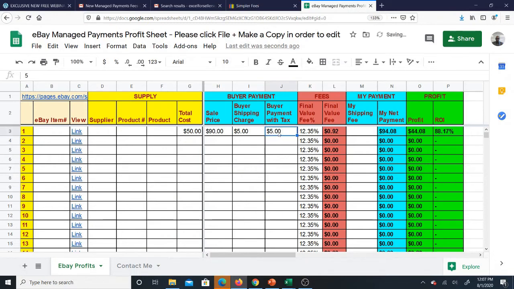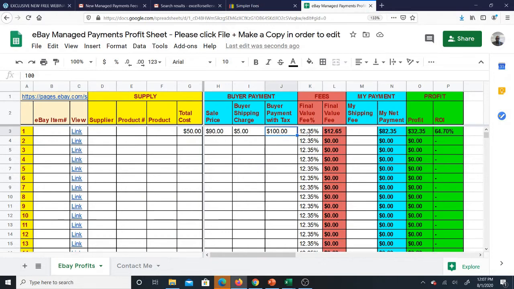Well, now what you're going to do here is actually type in the full payment including the tax. eBay should give you that information. So let's say it comes to $100 as the total buyer payment with tax. Your fee is then charged on this buyer payment with tax.